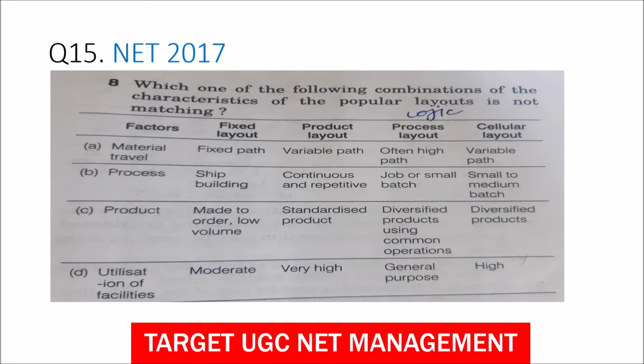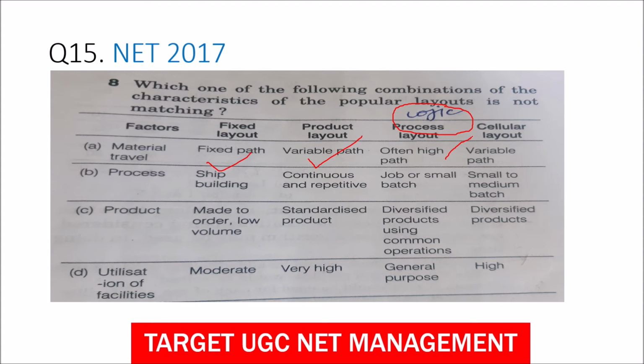Question 15. This is a logic question. Try to solve it. If you look from the material table, fixed layout is fixed path, yes. Product layout, variable path, yes. Process layout, often high path, no. High path is related to cellular layout because it is a combination of product and process layout.